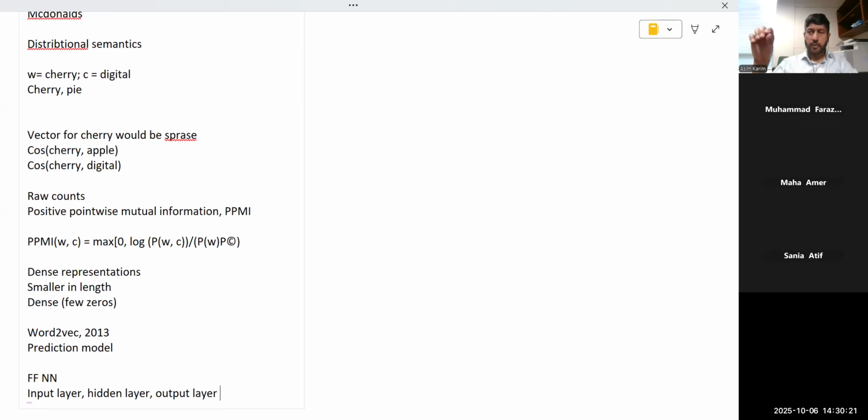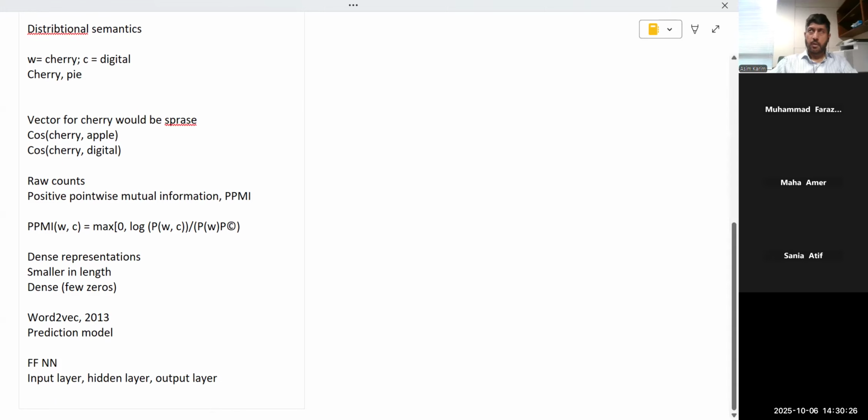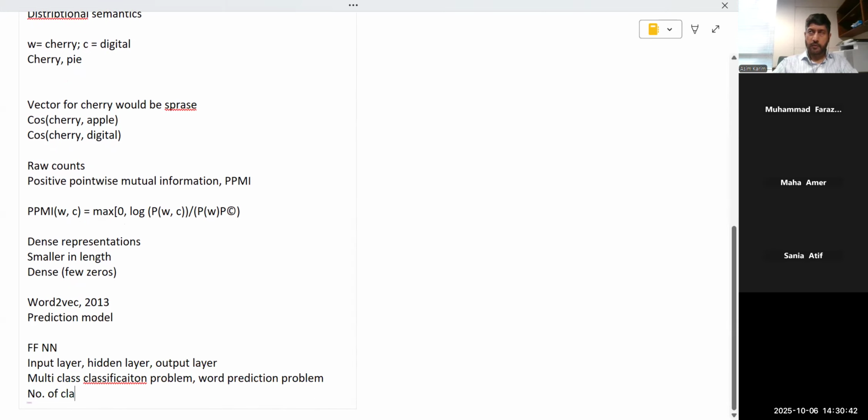And our classification problem is actually a word prediction problem, a multi-class classification problem. How many classes? The number of classes is equal to the vocabulary size.